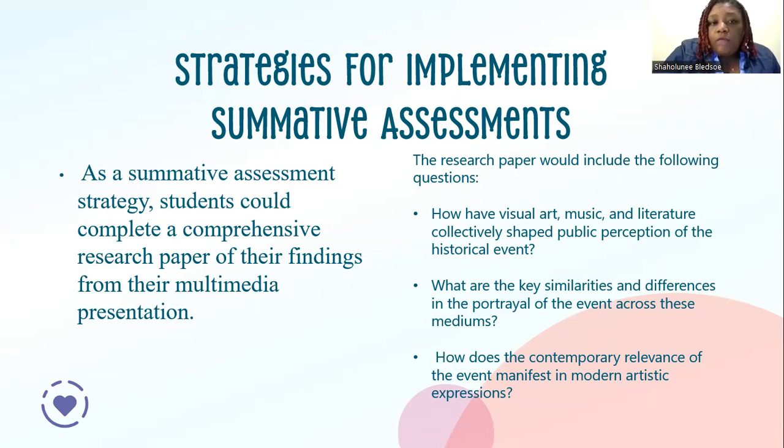So again, if you don't have level 1 or level 2, you can't have level 3 and level 4. If you don't have level 3, you won't have level 4. If you don't have level 1, you won't have level 2. So they all matter. These questions were chosen to ensure that students critically analyze the interconnectedness of different art forms and their impact on cultural identity, demonstrating a deep understanding of both historical and contemporary context.